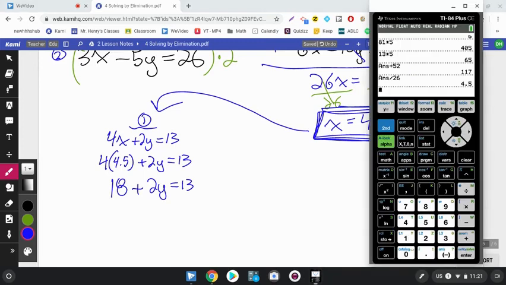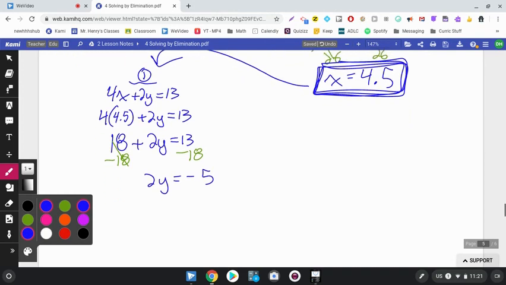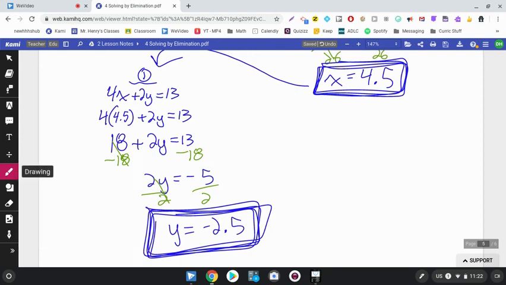Subtract the 18, subtract the 18. 2y equals negative 5. Divide by 2, divide by 2. Another decimal value: negative 2.5. If I wanted to verify, I could absolutely verify, but I'm not going to.